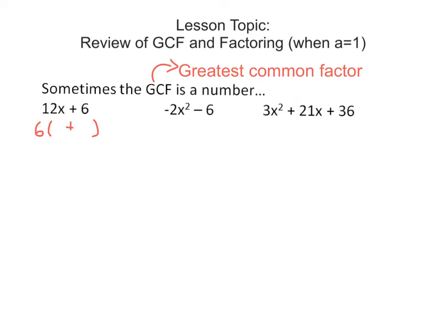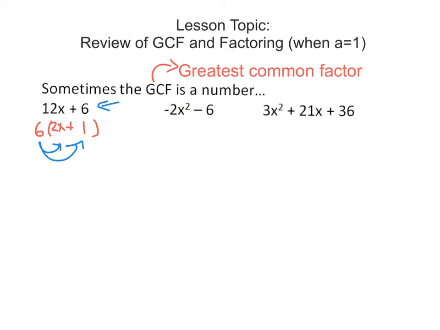So if I take 12 and divide by 6, I get 2, so I have 2x left here. And then if I take a 6 and I factor out a 6, be careful here, a lot of people want to put 0 here or nothing, but there's actually going to be a 1 there. Because what you want to remember is that if you were to redistribute the 6 back into the parentheses, you need to arrive back at where you started.